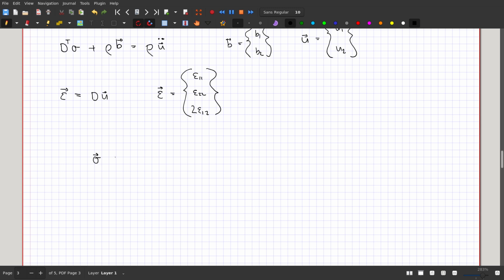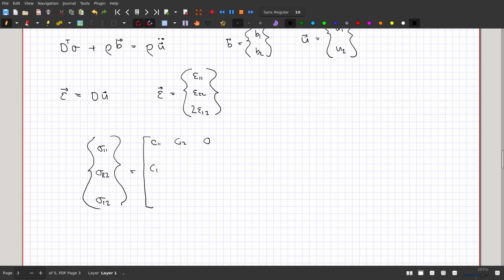So stress 11, 22, 12 is equal to the matrix C11, C12, 0, C12, C22, 0, 0, 0, and a last entry.